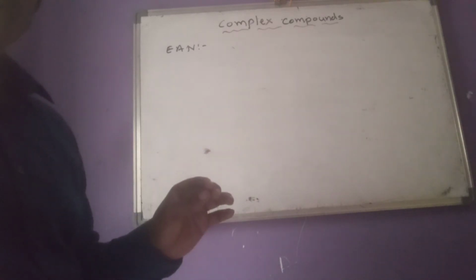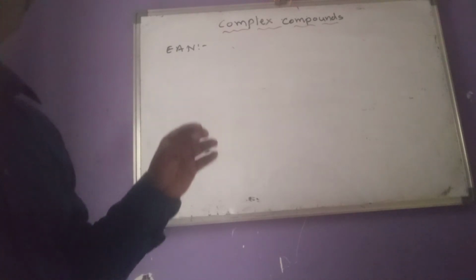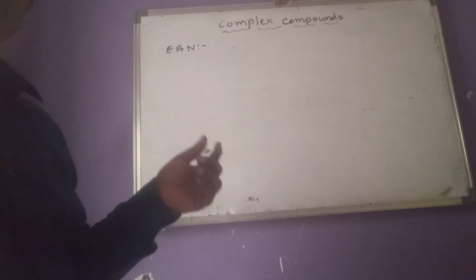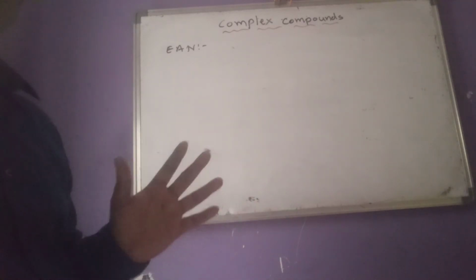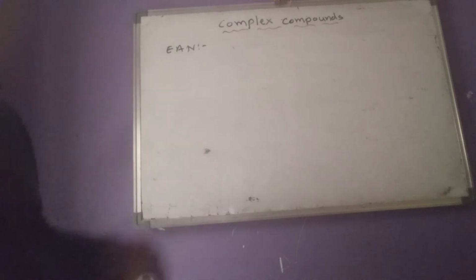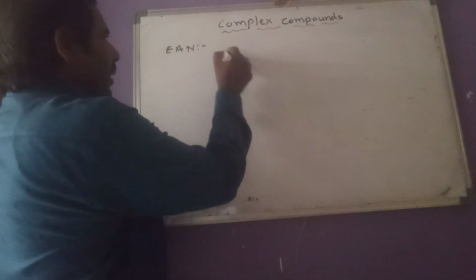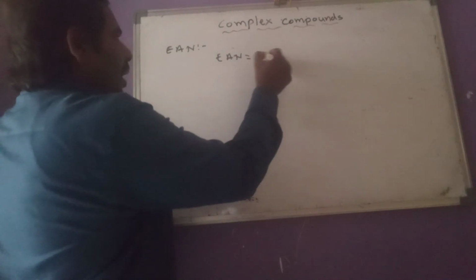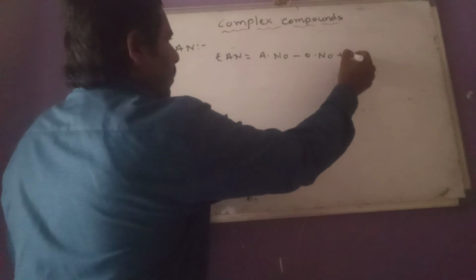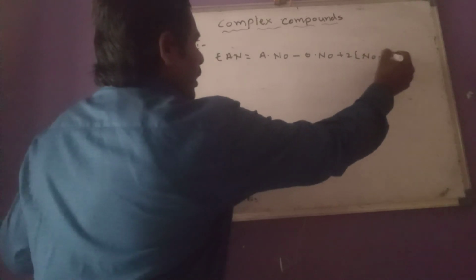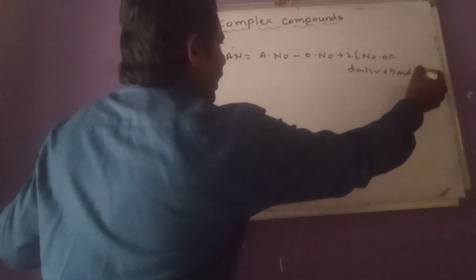How to determine it? The formula is: atomic number minus oxidation number plus 2 into number of dative bonds formed by the ligands.